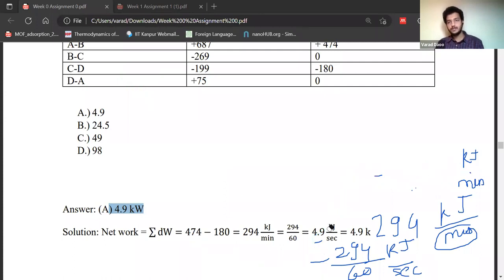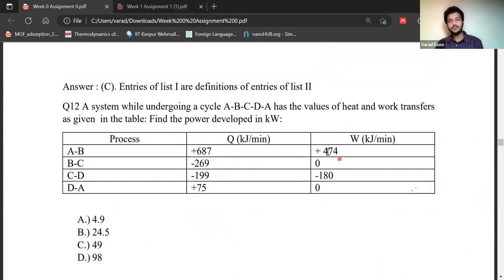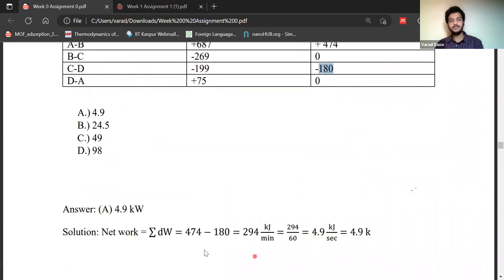So here you can see, let me first remove this. Okay, so what we have is 4.9. So what is the net work? This is nothing but power, which is 470 plus 0 plus or minus 180. So here plus indicates work is taken out of the system, and minus indicates work done by the system, right?